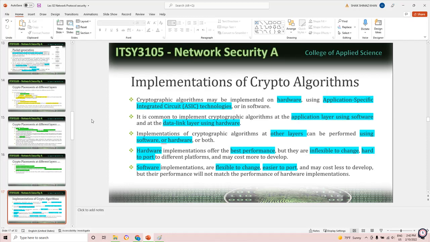Also the cost will be more to develop and implement. So hardware implementation means better performance, but the drawback is it is not flexible for change. Another disadvantage is it is hard to port, that means fitting on different hardware devices, and the cost might be more compared to software.